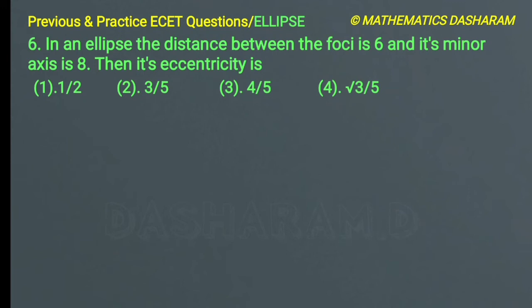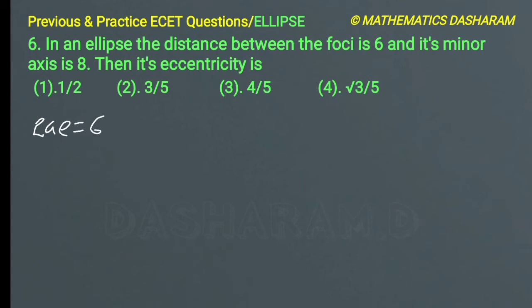Sixth question, in an ellipse the distance between the foci is 6 and its minor axis is 8, then its eccentricity is what? So the distance between the foci, foci being the plural form of focus, the formula is 2ae equals 6.